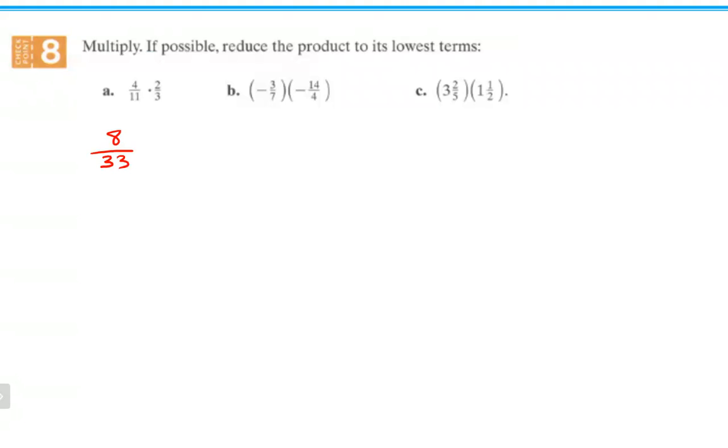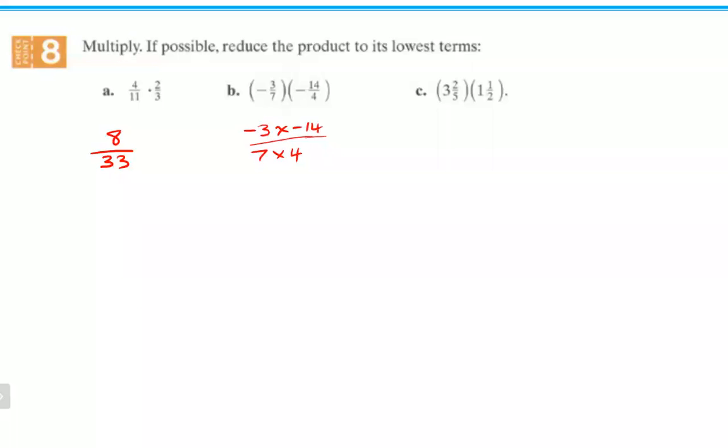Okay, that was Miss Pratt. Miss Nairn, what about number B, part B? What you got? Okay, so I did 3 multiplied by 14 over 7 multiplied by 4. Now, that 14, is it a negative 14 or positive 14? The negative.